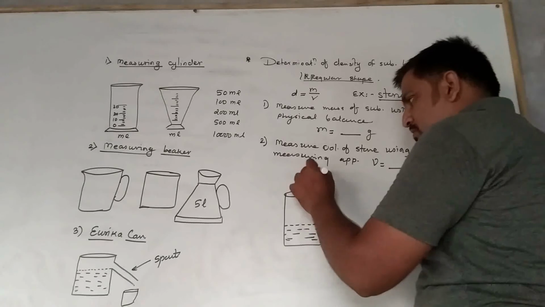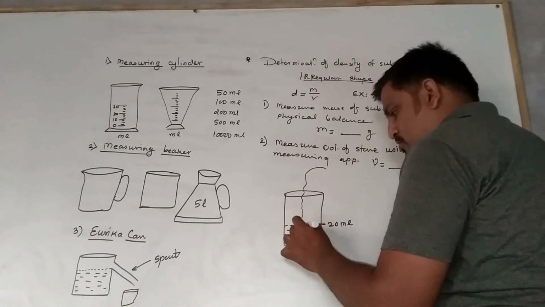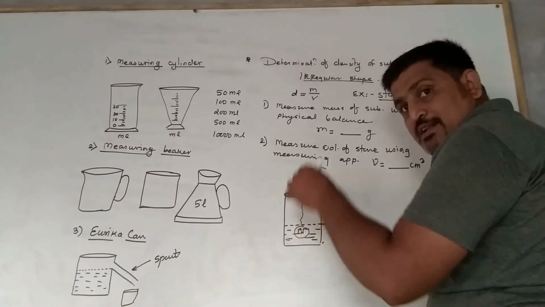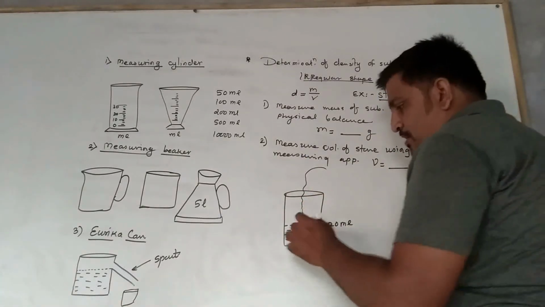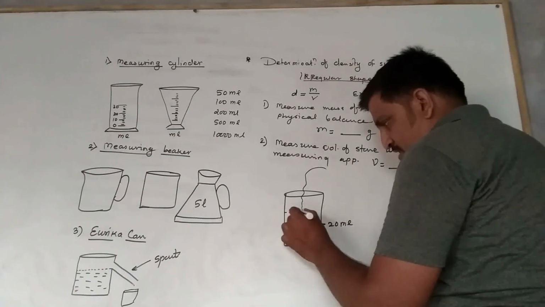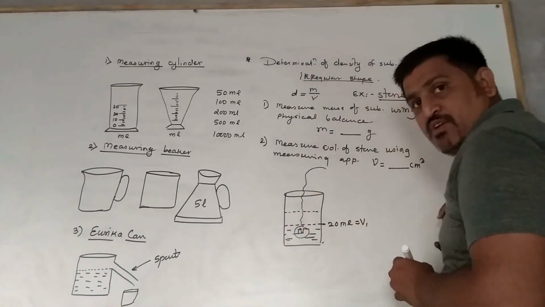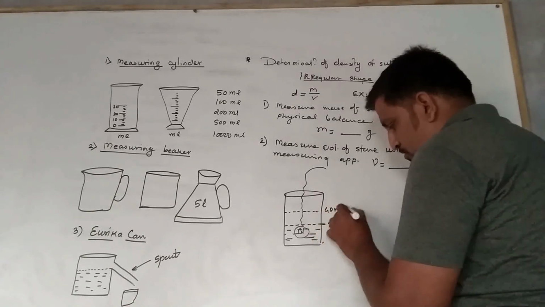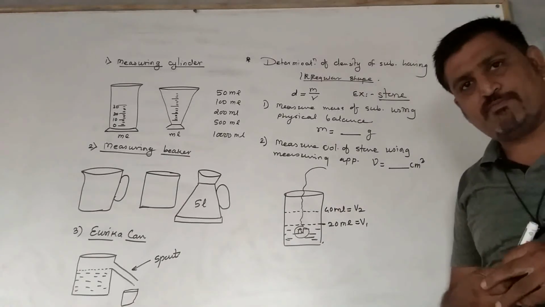I tie the stone and dip it fully into the water. The initial volume, say V1, now reaches the volume V2 when I dip the stone inside the water.